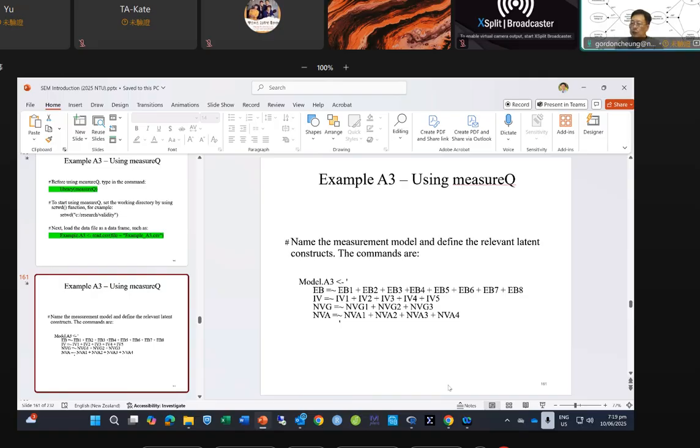I also showed you that we should use the MLR estimator, because it handles non-normal distribution better. I also showed you the paper about how to test reliability, convergence, and discriminant validity. In many of the management papers, they only report the reliability. They didn't report convergence and discriminant validity.